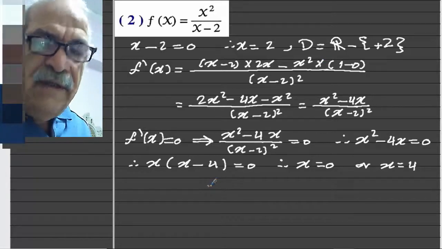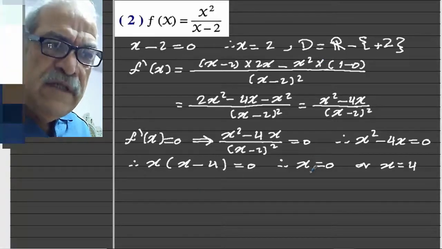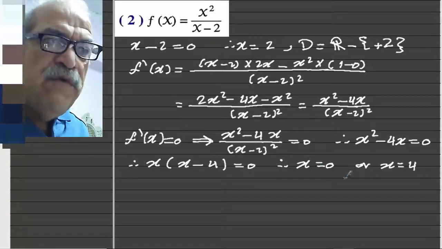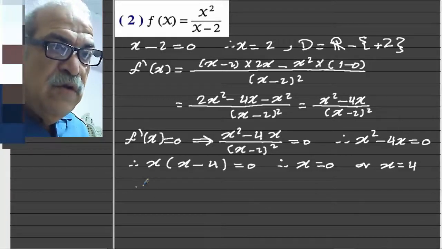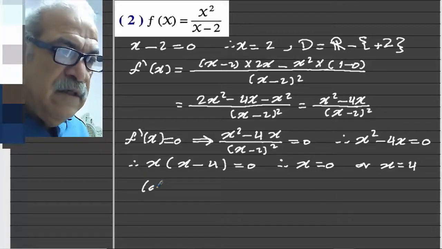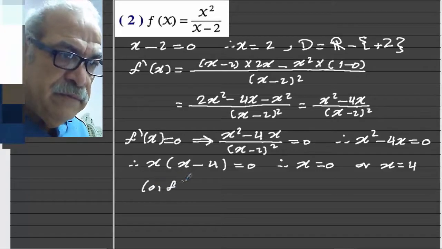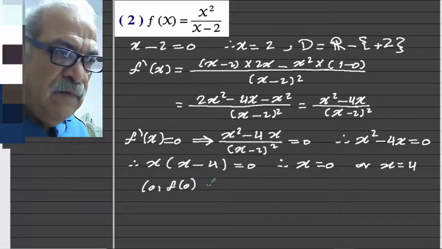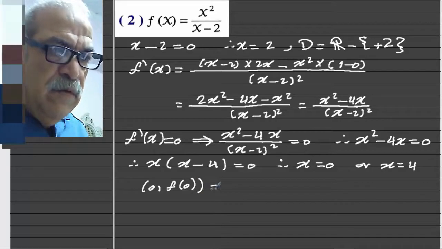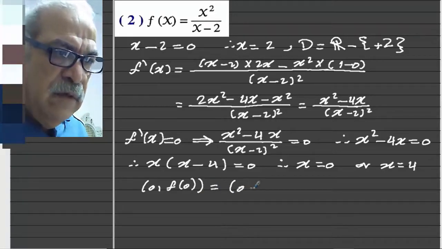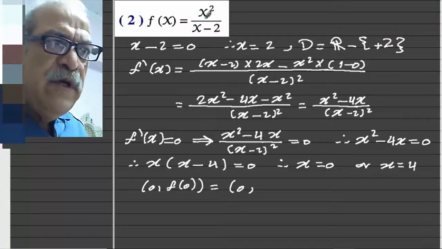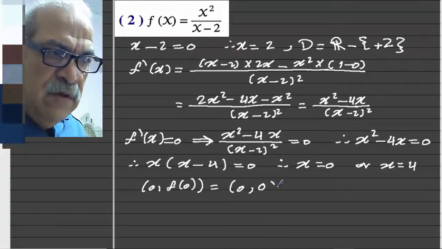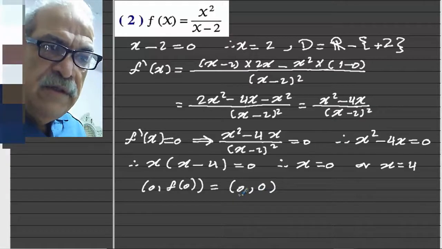So you can say there are two critical points, when x equals 0 and when x equals 4, and we will determine them. So the two critical points are 0 and f of 0, which equals 0 squared over 0 minus 2, which equals 0. So this is the first critical point.